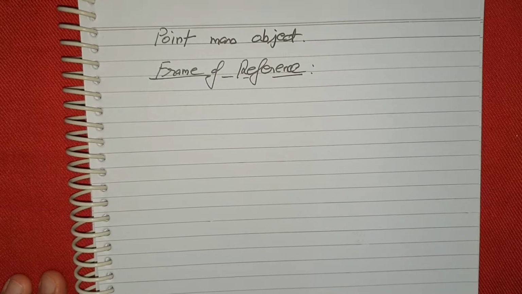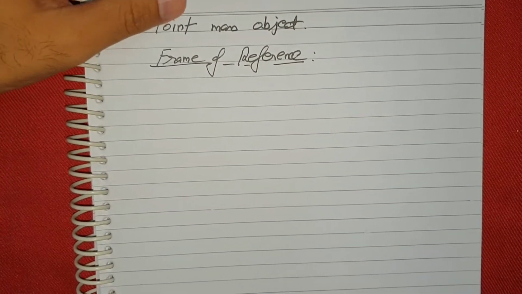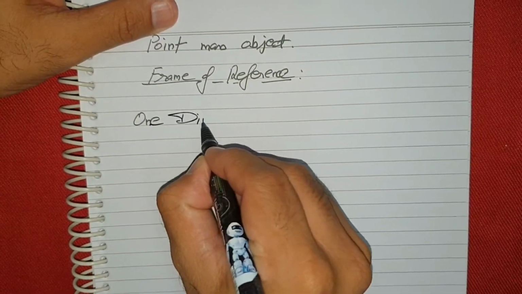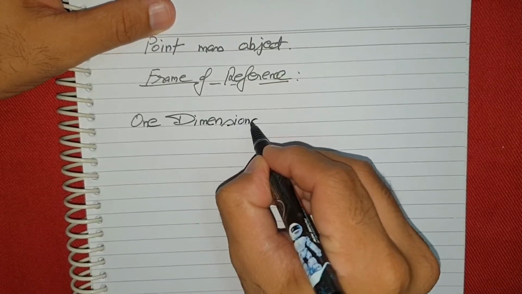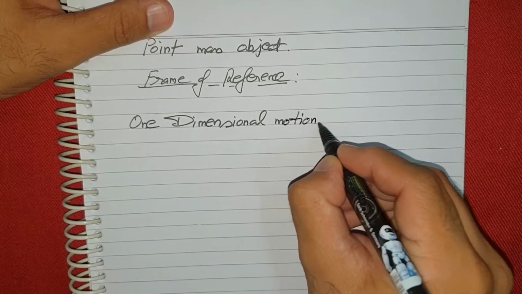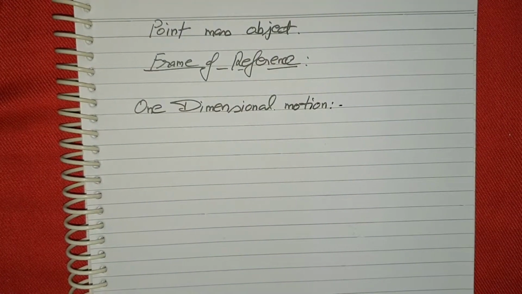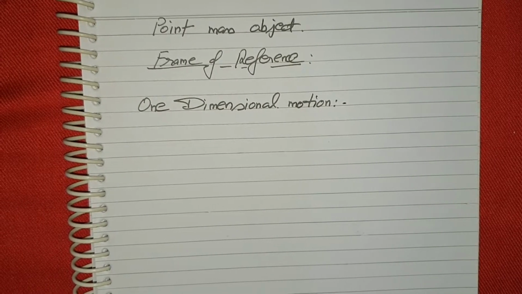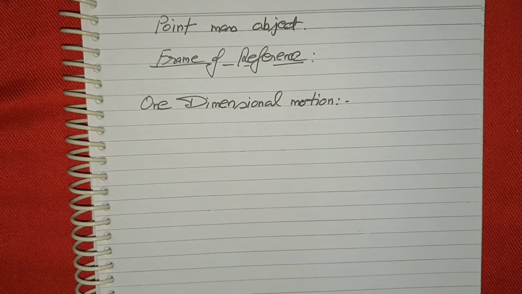Now, motion in 1, 2 and 3 dimensions. First of all, what is one dimensional motion? The motion of an object is said to be one dimensional if only one of the three coordinates specifying the position of an object changes with respect to time.